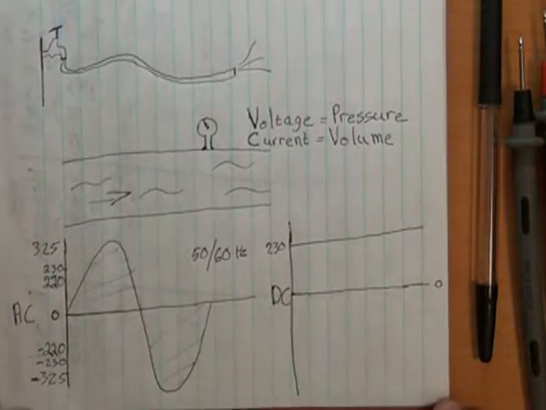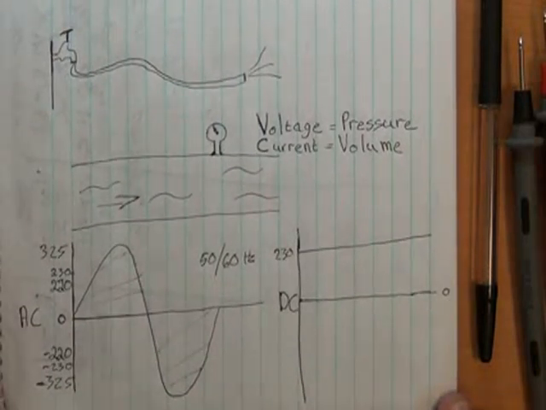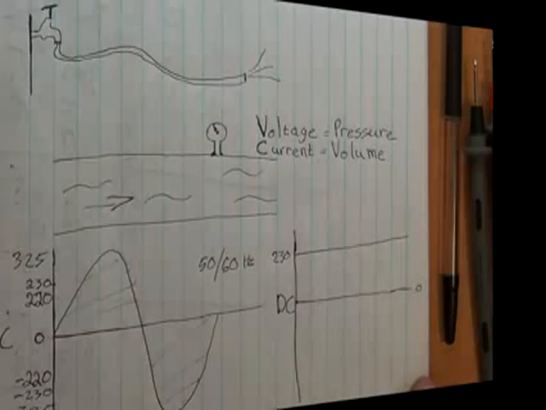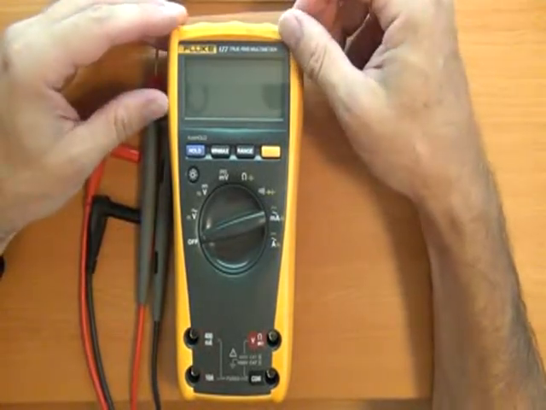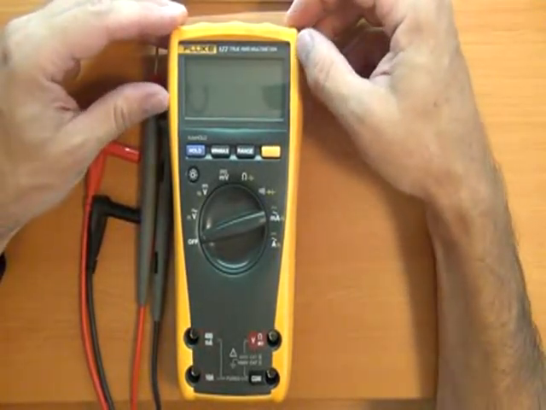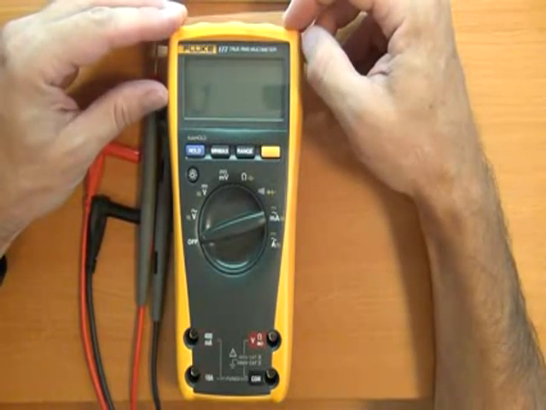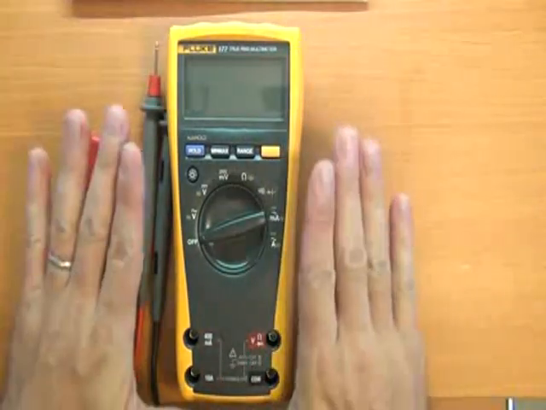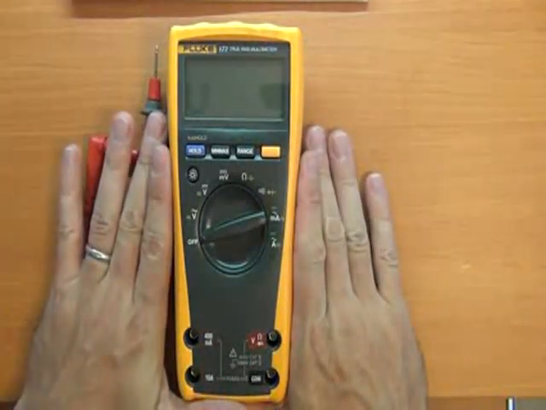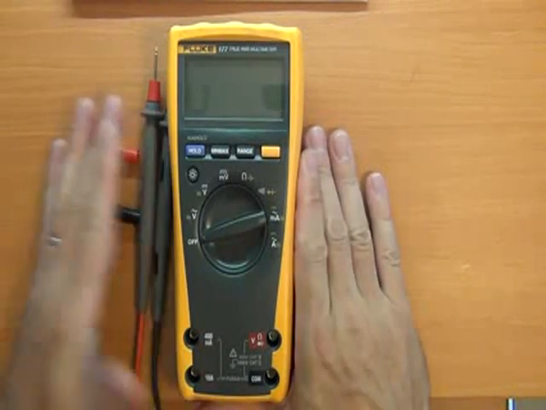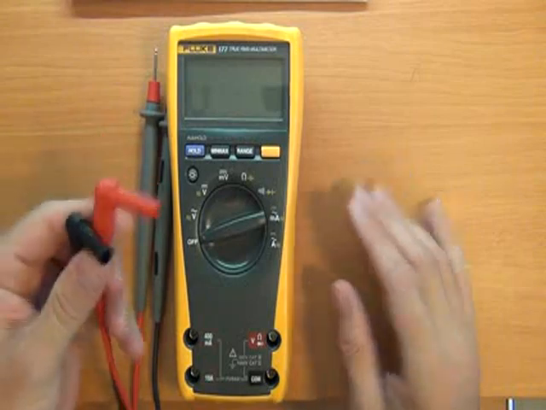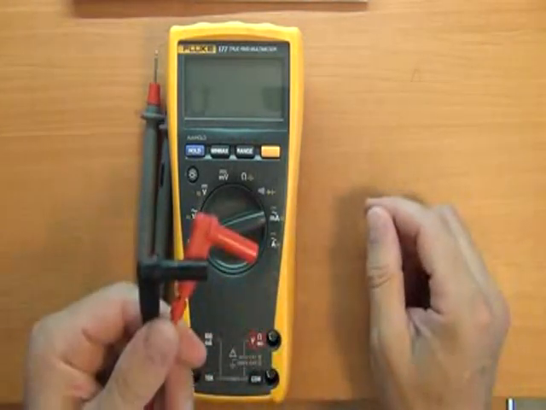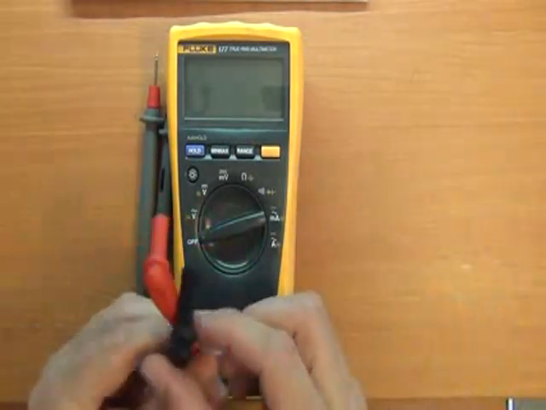Okay, let's jump into what we're here for, and that's to understand how to measure current. Before that, I want to go back to the diagram and give a little analogy again of understanding what current is. But I thought just a quick look back at this Fluke 177. When we do current readings, we're going to be popping these banana plugs into different connectors now.